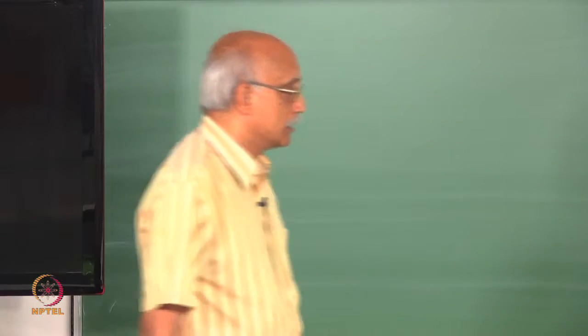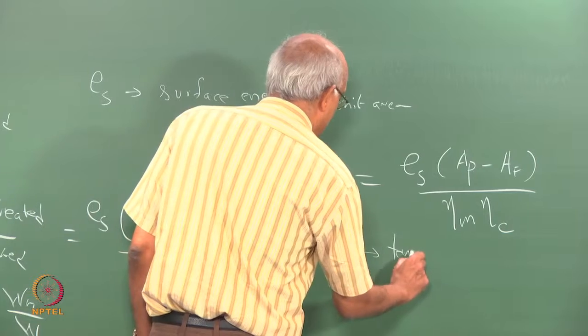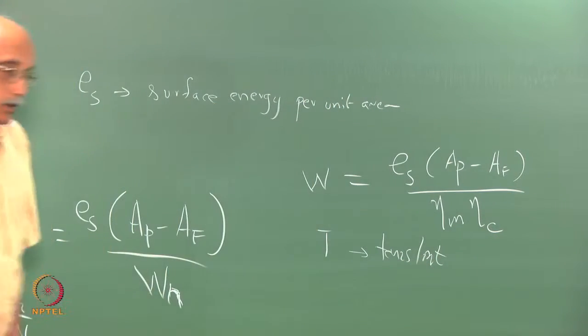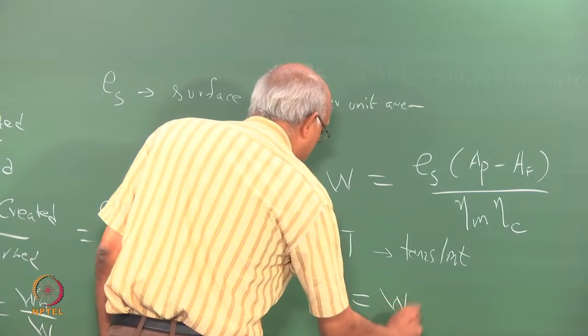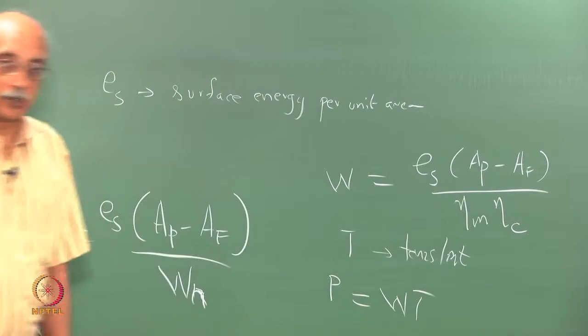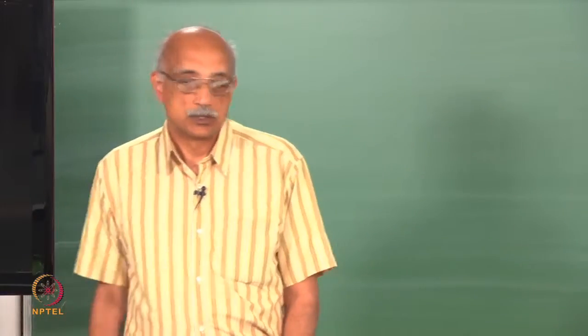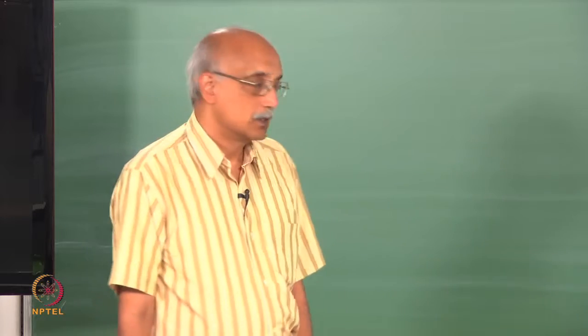So, if you take this W and let us say that you have a feed rate of some T tons per minute, you can get the power that you require as a multiple of the work done times the feed rate, and that is going to be your rating for the equipment that you use to perform your size reduction operation.